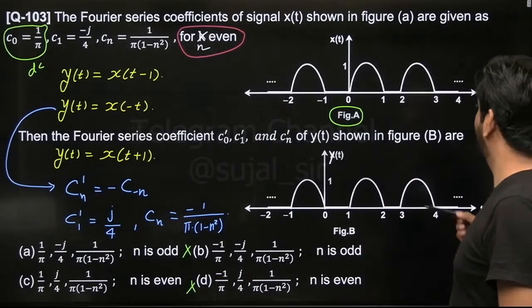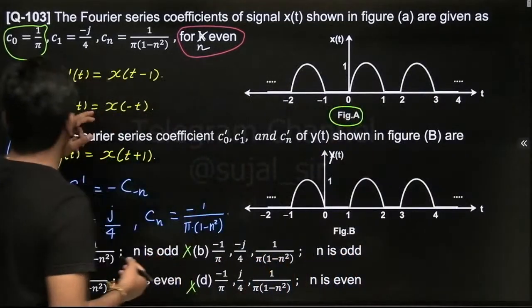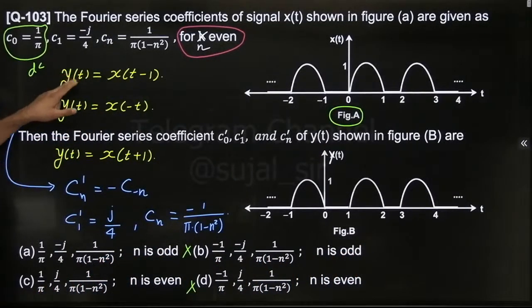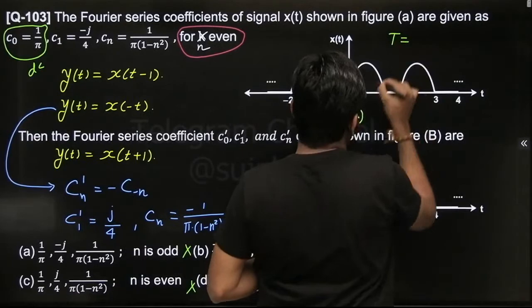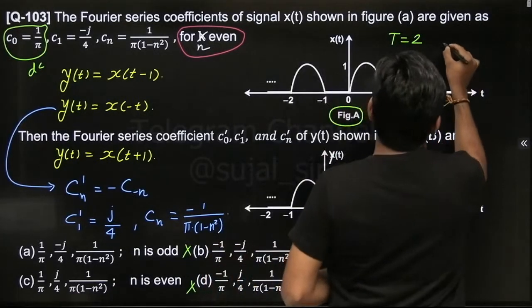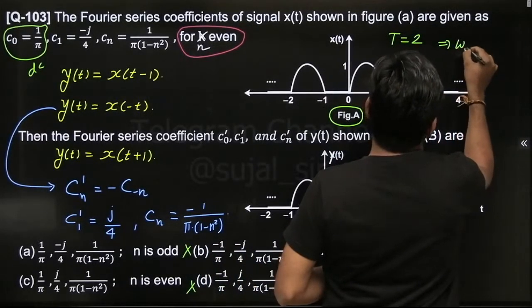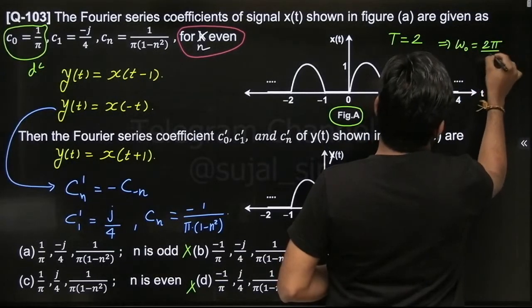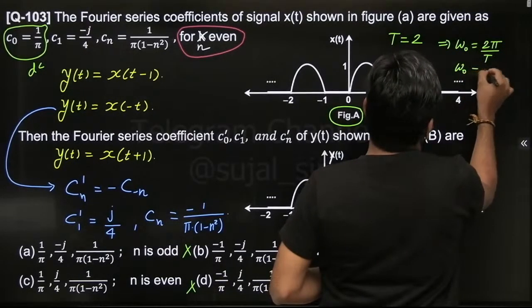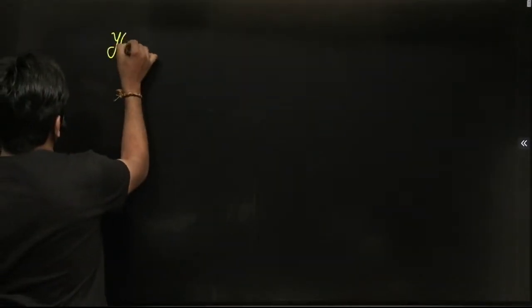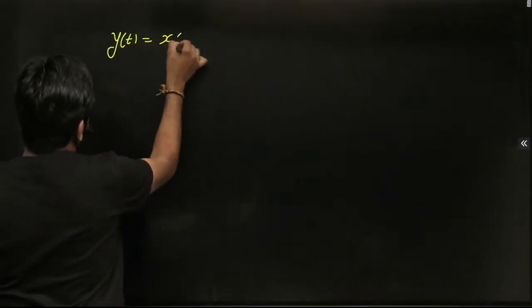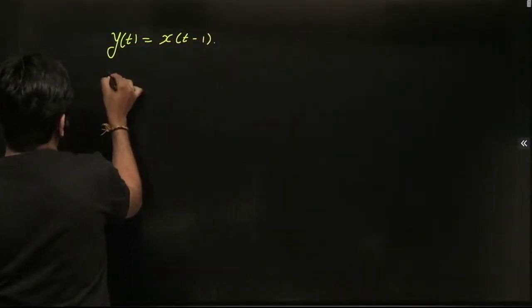Okay. What about the fundamental time period? Let us take y of t equal to x of t minus 1. Here the fundamental time period T is equal to 2, so the fundamental frequency omega 0 is 2 pi by T, which is nothing but pi. So y of t is equal to x of t minus 1.